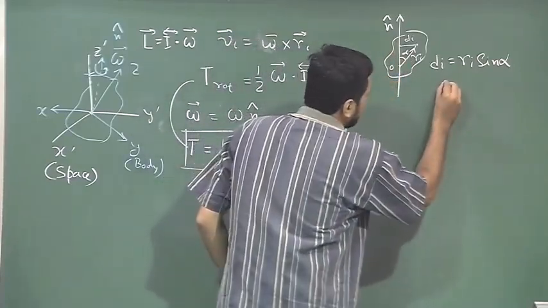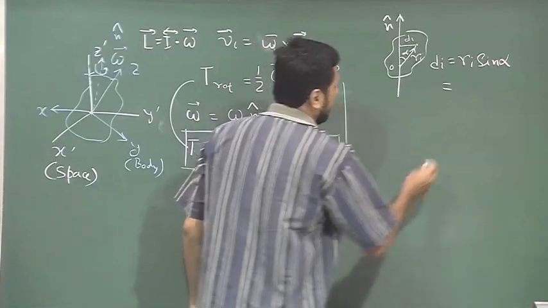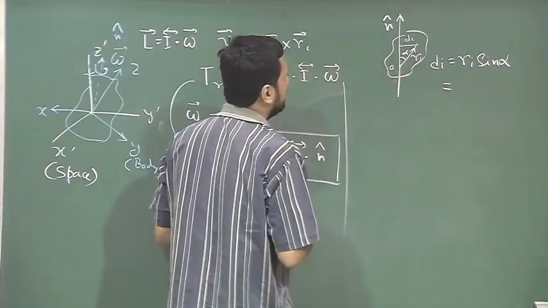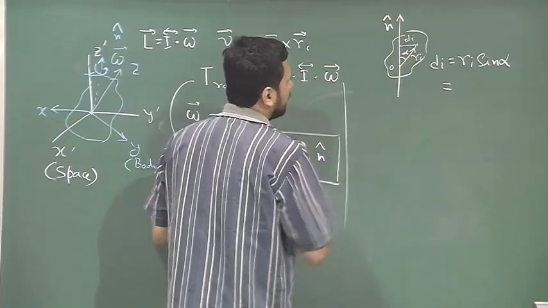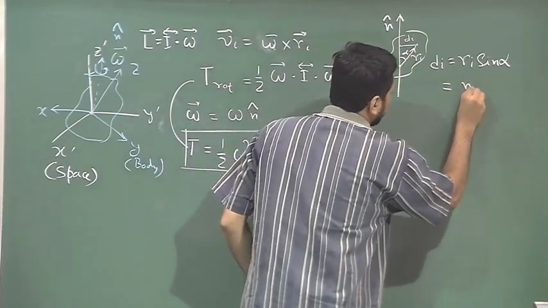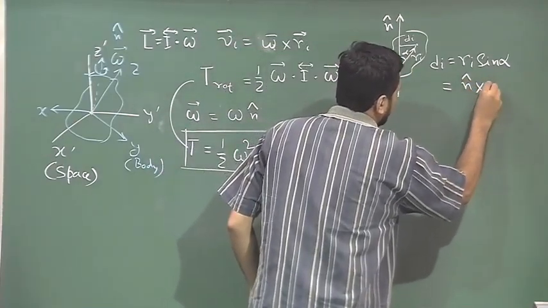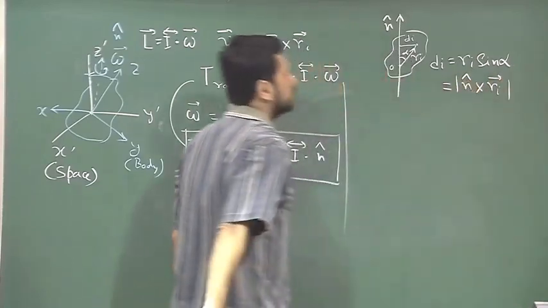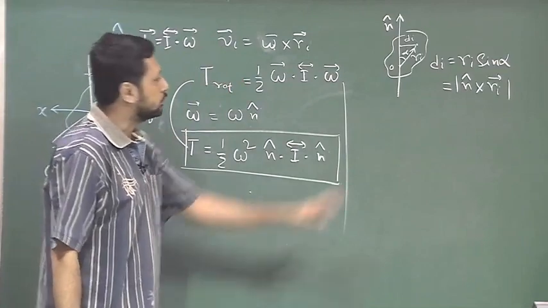So, this can be written as the magnitude of n capped cross r_i, right. So, we can do that.